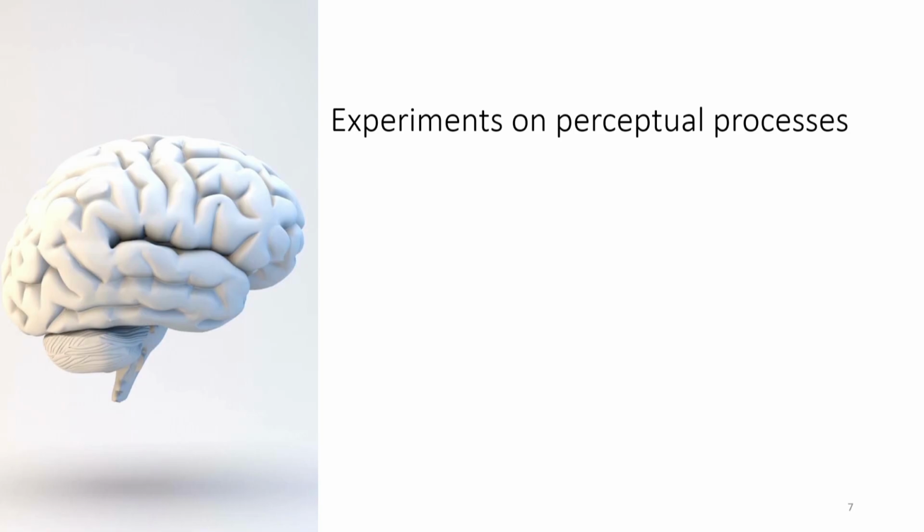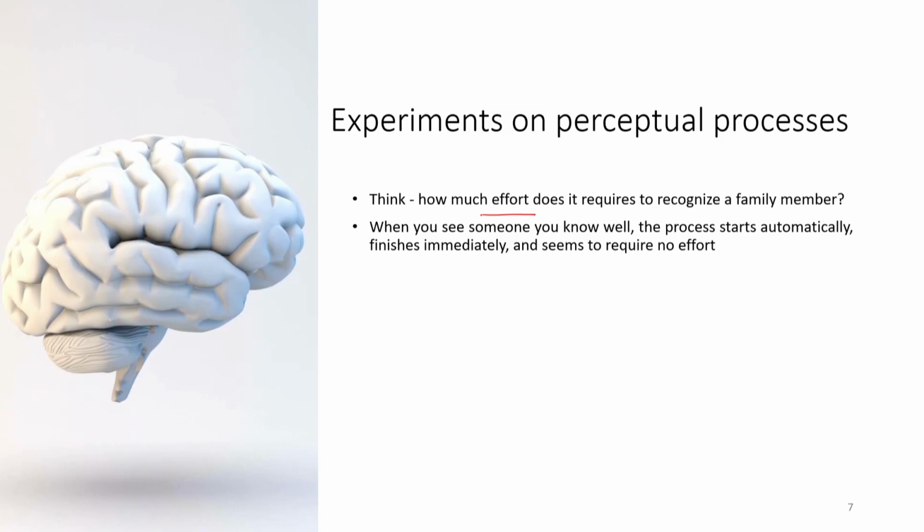A number of experiments have been carried out over the years on perceptual processes. This includes understanding how much effort it requires to, for instance, recognize somebody familiar like a family member. When you see someone you know well, the process of recognition starts automatically, finishes immediately and seems to require no effort.